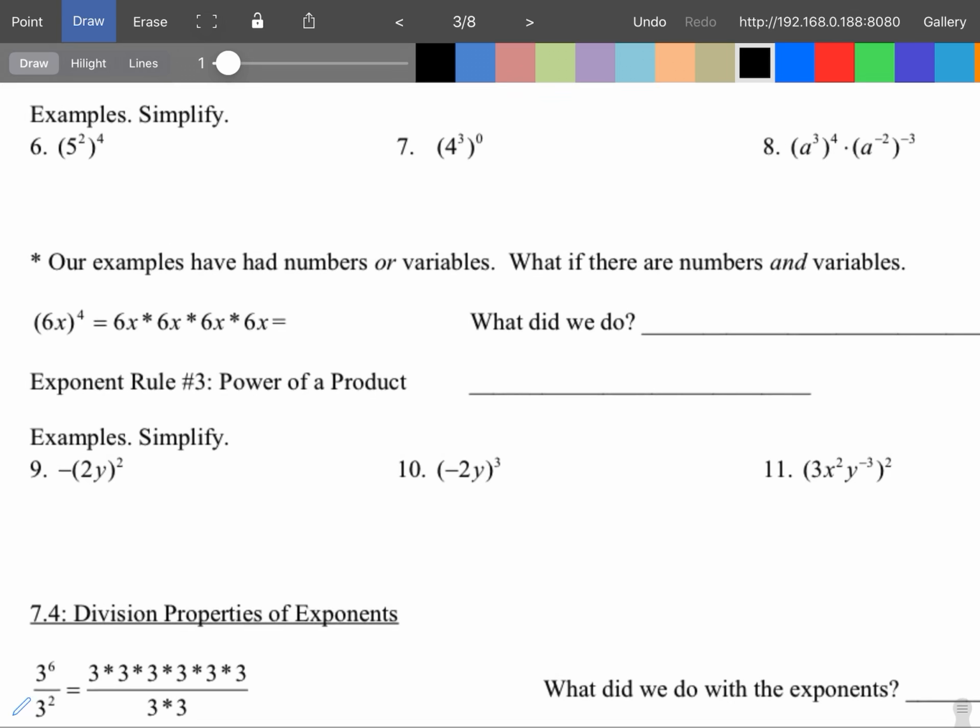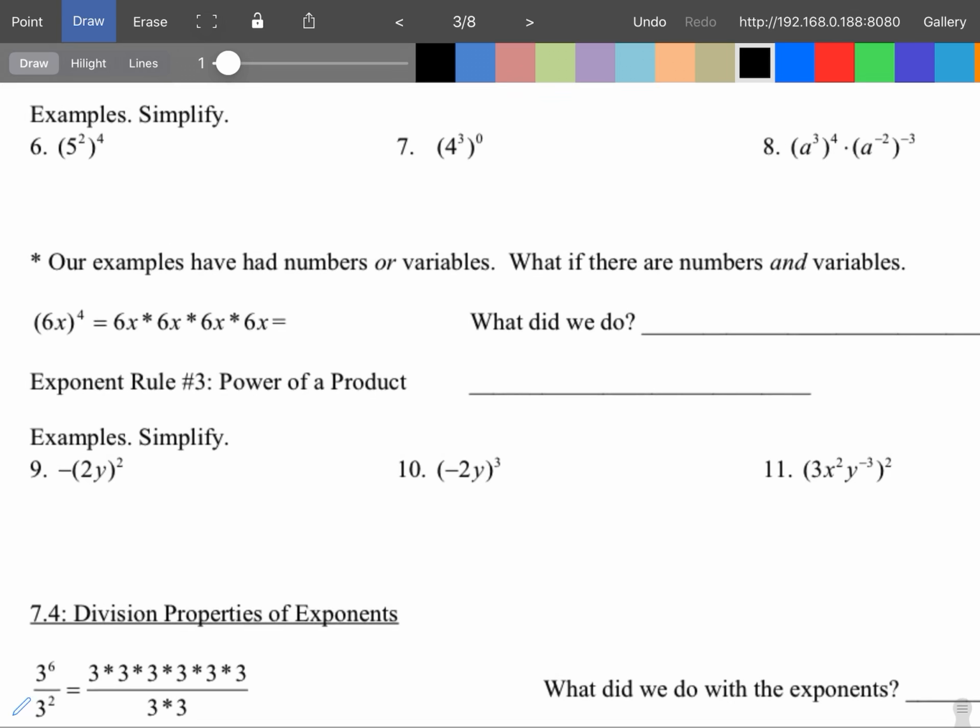So now we got to go back to the second rule we learned today. So you guys, what do we do with these powers now? Multiply them. Good, yeah.